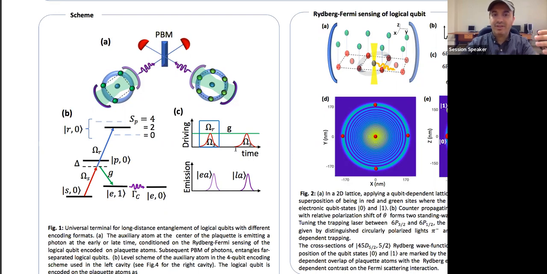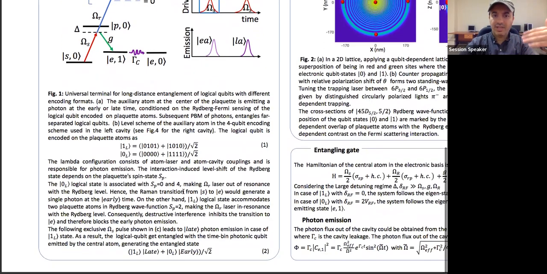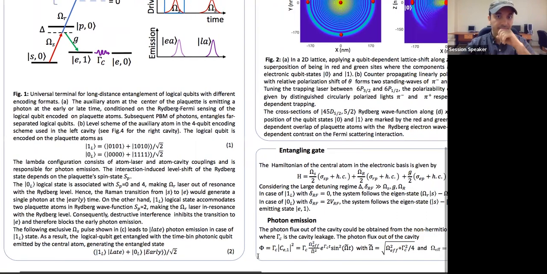And then in case of one logical qubit, we emit a photon at a late time where we don't have the blocking Omega R laser anymore. So with this mechanism, we entangle the logical qubit and the time-bin photonic qubit, with an example shown in equation 2.